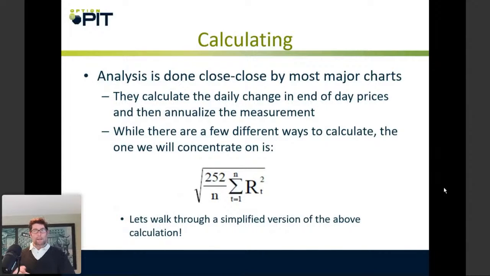Anyway, when you're looking at calculating realized vol, the idea of realized vol is close to close, meaning I have a closing price, and now I have the next closing price. So it's the difference in price over the 24 hours. That's what you're measuring with realized vol. It takes this calculation.